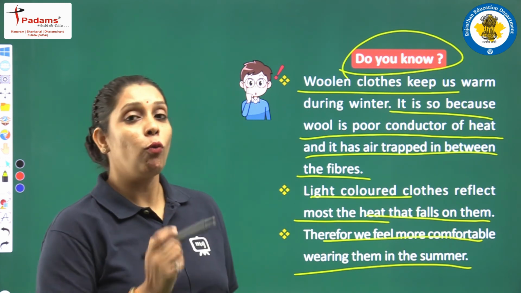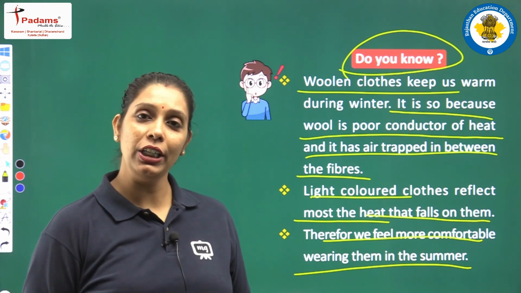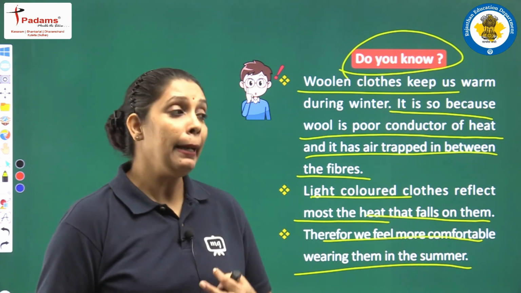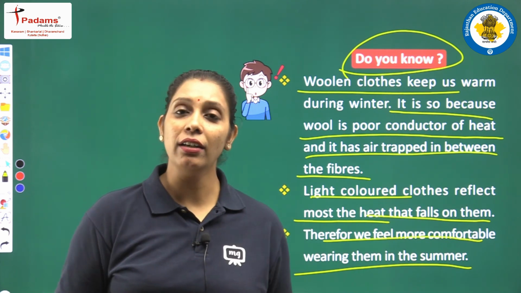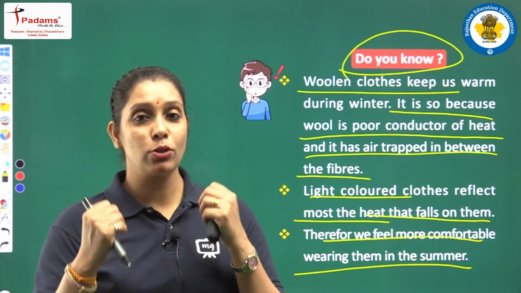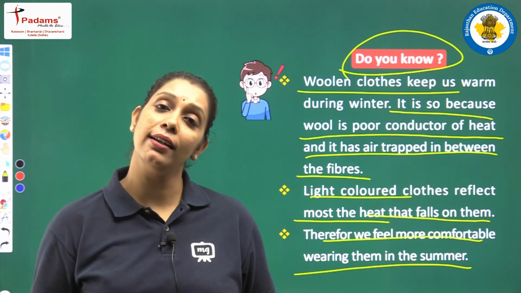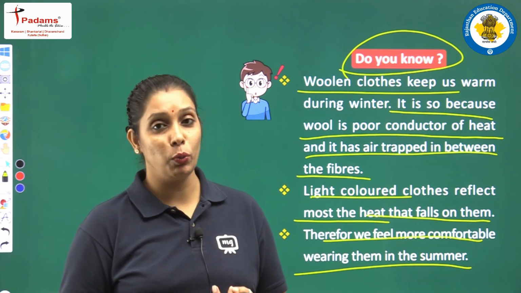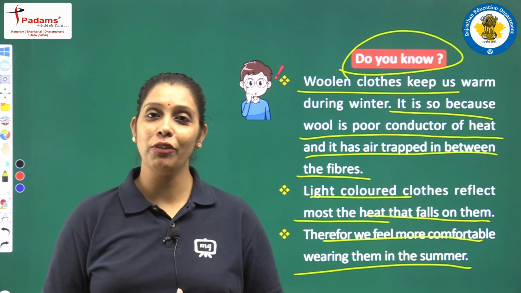What is the difference between conduction, convection and radiation? कि conduction में और convection में we need medium, but in radiation we don't require any medium. Here the darker objects absorb the heat and the lighter color objects reflect the heat. That's why we are wearing the darker clothes in winters and light color clothes in summer. Is it clear to everybody?